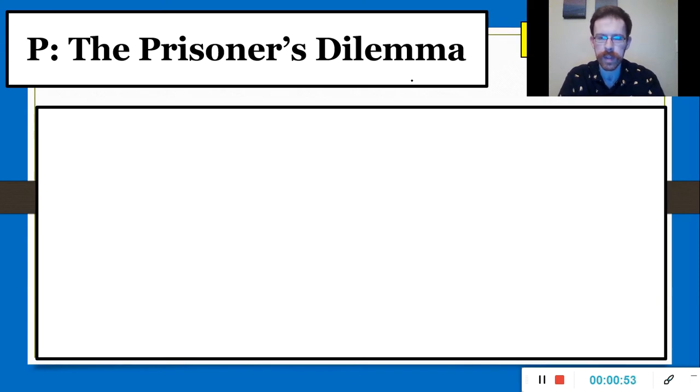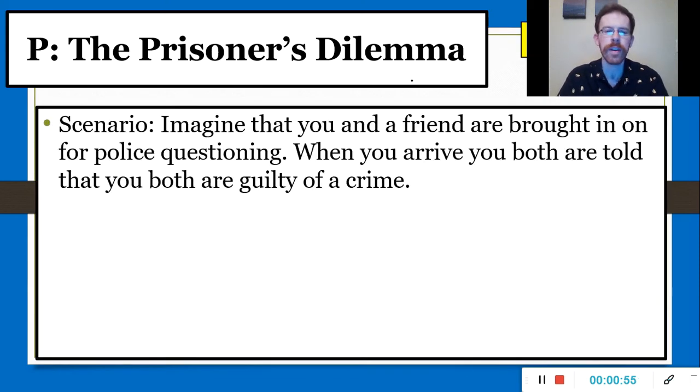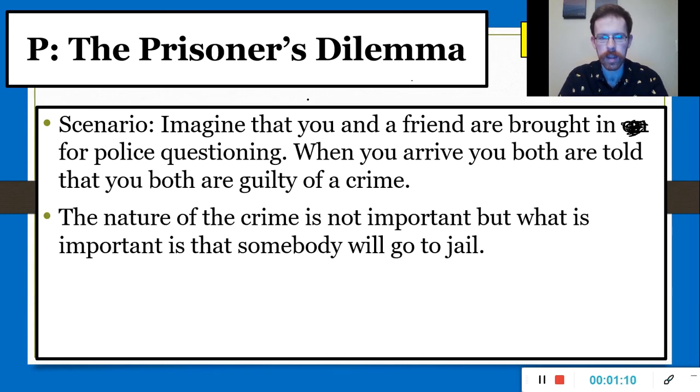So, for our scenario, imagine that you and a friend are brought in for some police questioning. When you arrive, you're both told that you are guilty of a crime. The nature of the crime is not important, but what is important is that somebody will go to jail. That is one of our assumptions.